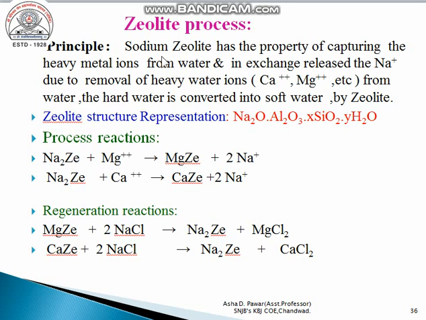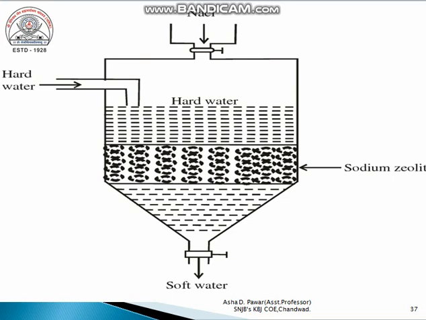Sodium has the natural tendency to capture heavy metal ions, for example calcium and magnesium, and in exchange the sodium is released by the zeolite. That is, an exchange process takes place between the heavy metal ion and the sodium ion present in zeolite. Then after filtration of water through the zeolite bed, water is heavy metal ion free, that is, hard water is converted into soft water.